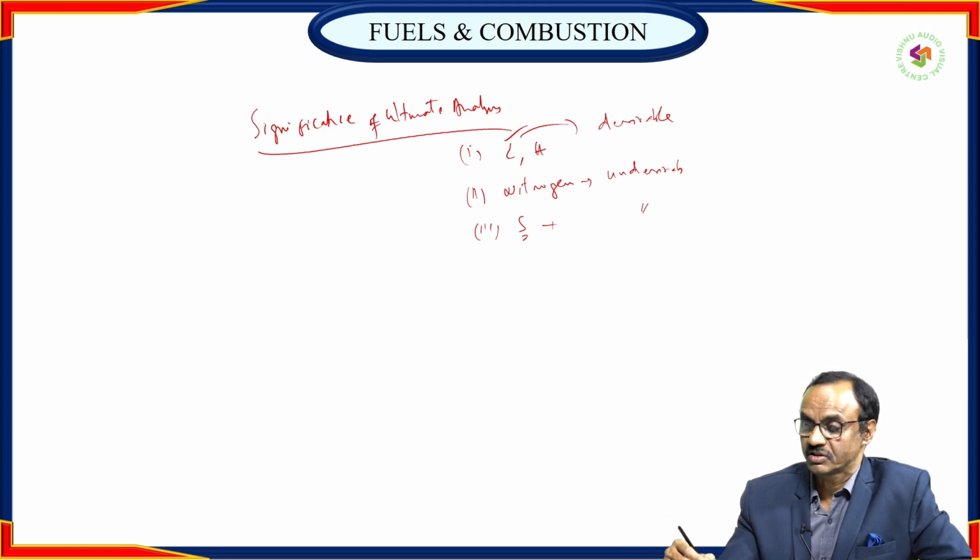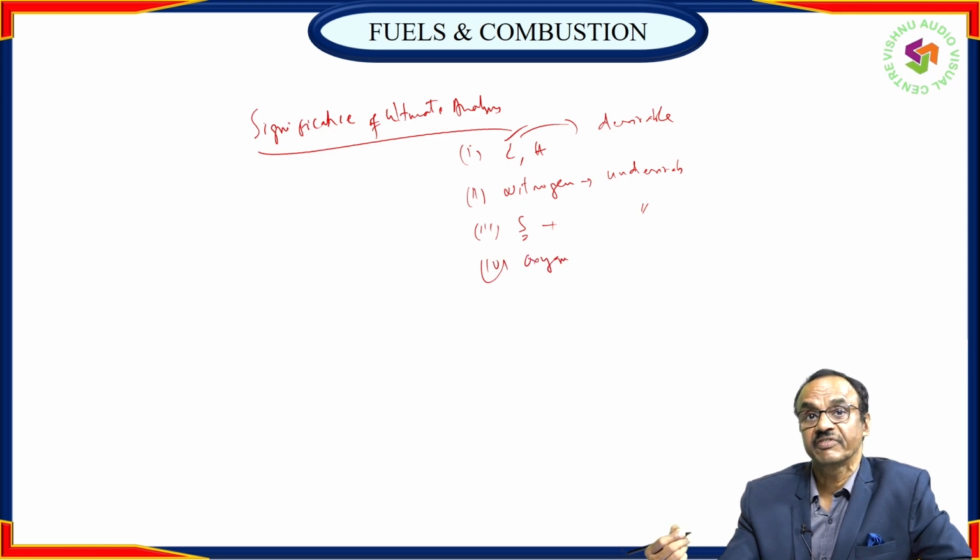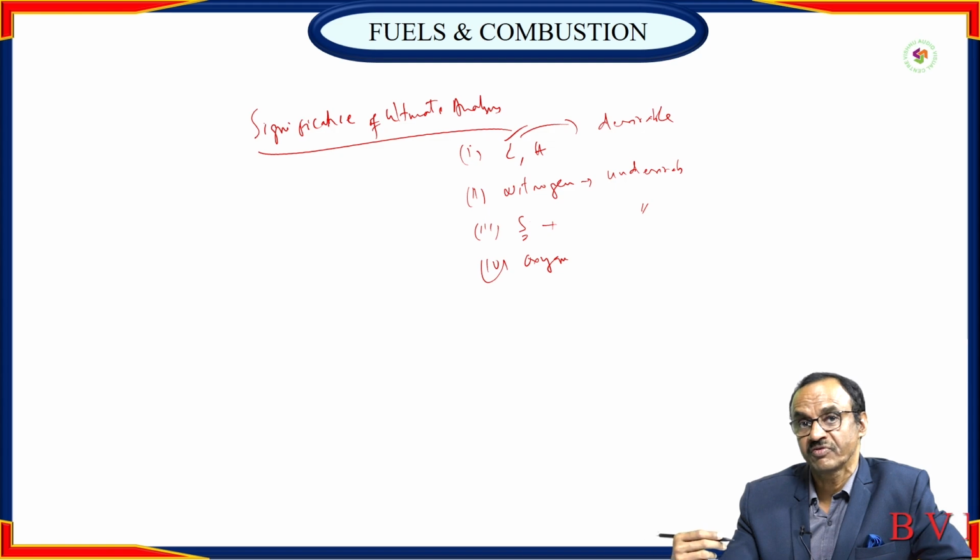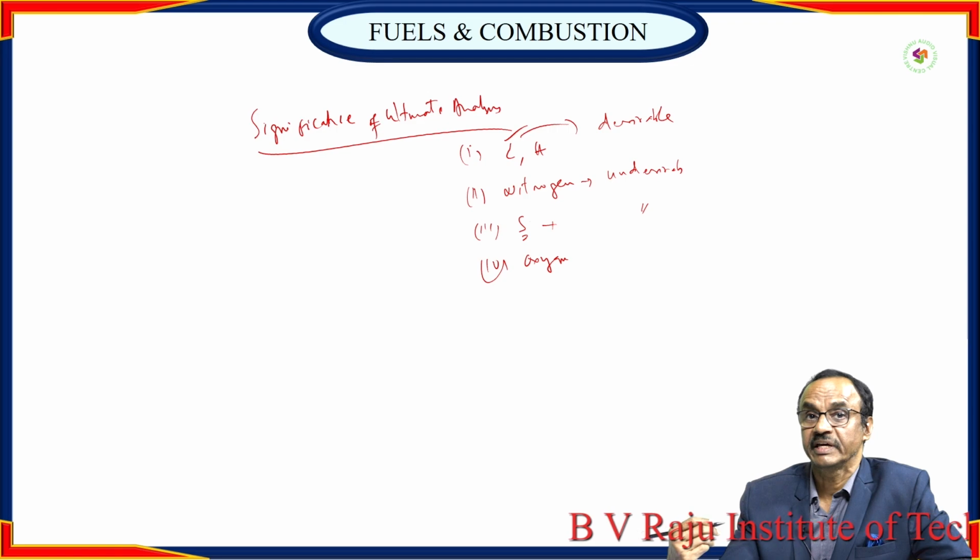Last, oxygen, the fixed oxygen. The higher the oxygen content, during combustion it combines with H, converting it to vapor. For that conversion, the combination of oxygen and H into vapor, heat energy is required.